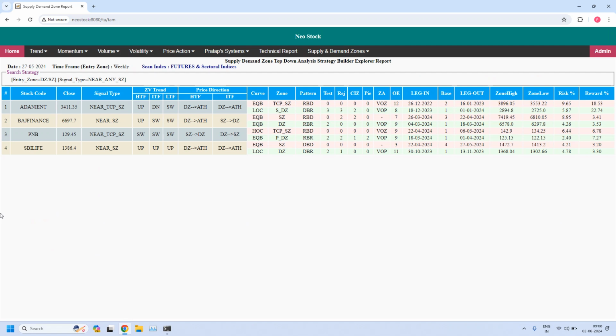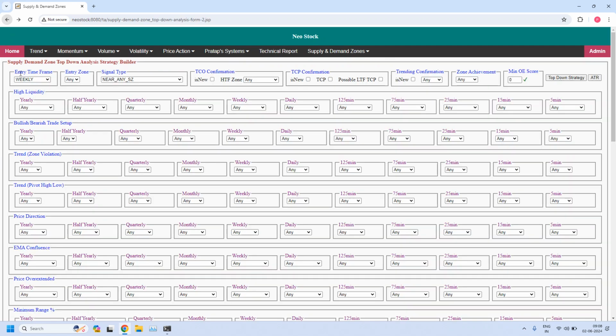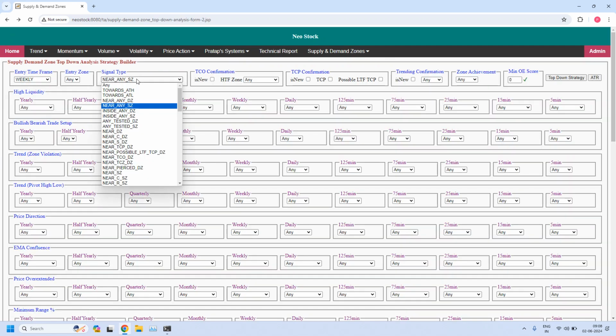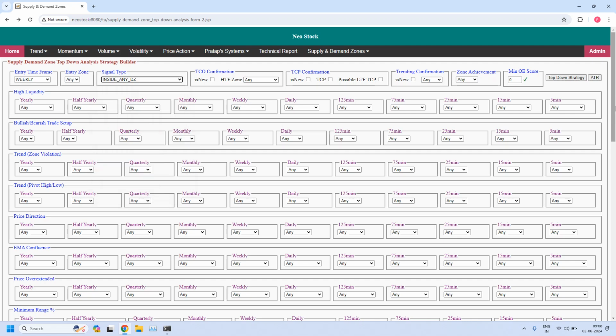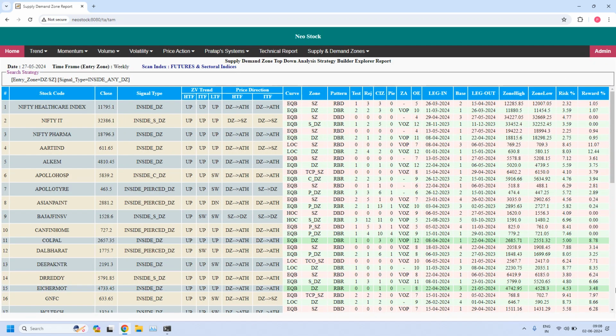Okay, now let's generate the next report. I am going back. For weekly time frame, let us find the stocks where price closed inside weekly demand zone. So in all these stocks, prices are inside the weekly demand zones.